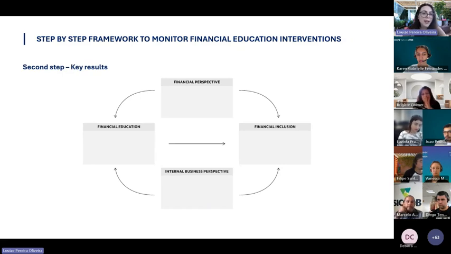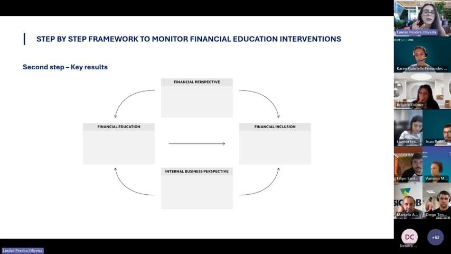So the second step is to define the key results. And we have here 4 cards. I suggest you use this framework and add in each card the goals of your cooperative or of financial institutions. We can analyze these cards in a simple way.